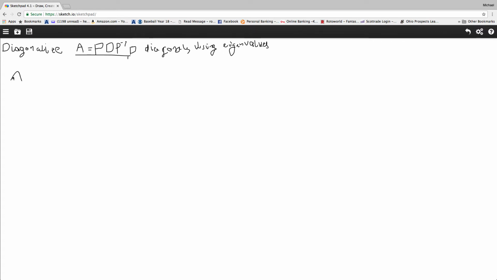So you have A, and I claim that it's going to be equal to the matrix created from the eigenvectors, the corresponding eigenvalues on the diagonal, and then the inverse of the matrix created by the eigenvectors. Now, how do I know this?